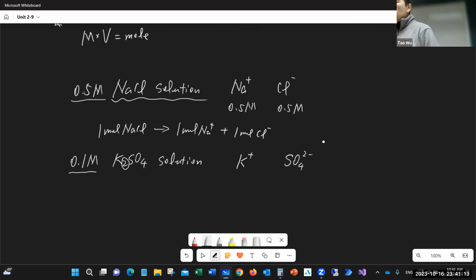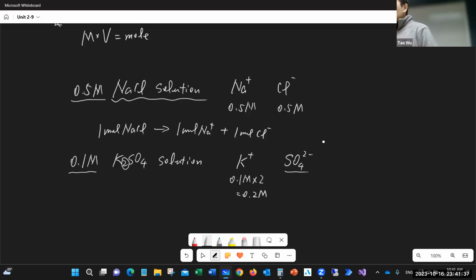In this compound, we have 2 potassium ions. 1 mole of potassium sulfate has 2 potassium ions. So the concentration is 0.1 molar times 2, which is 0.2 molar for the potassium ion.